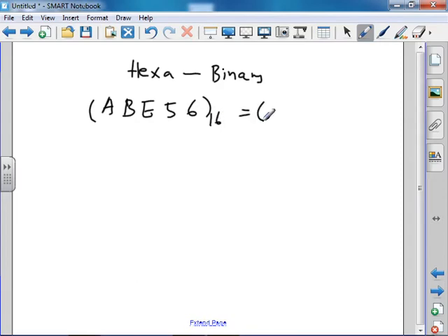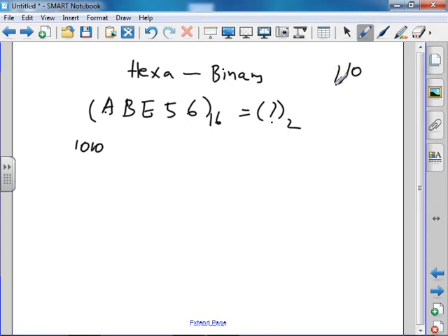What is the equivalent binary number? It's very simple: you write its equivalent binary digits. A is 10. What is its equivalent binary number? It is 1 0 1 0.